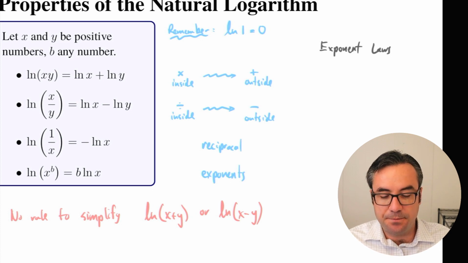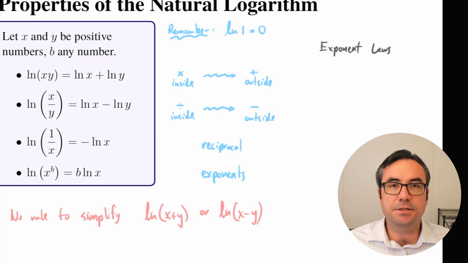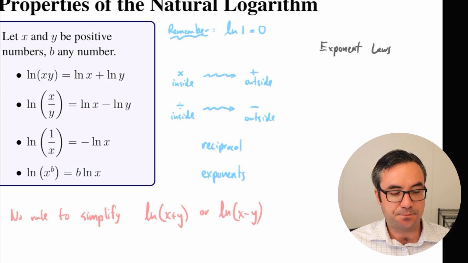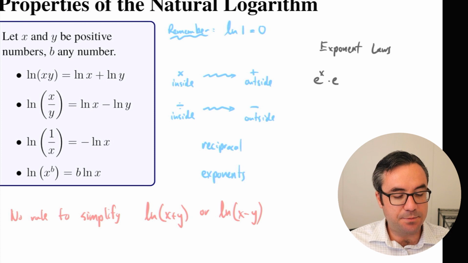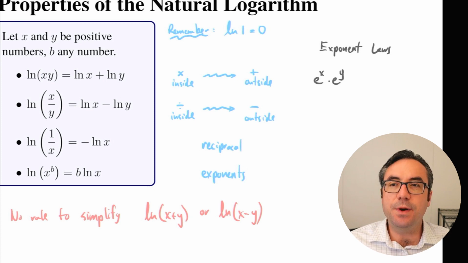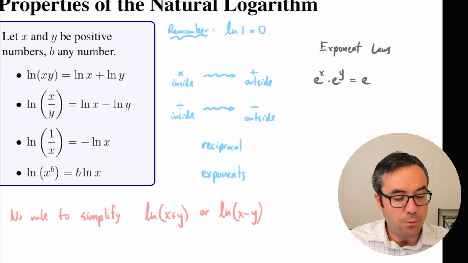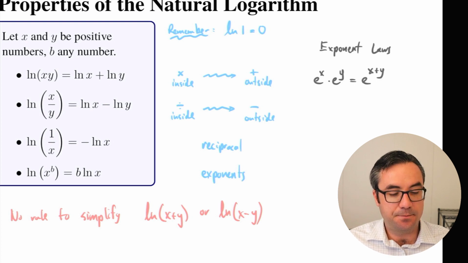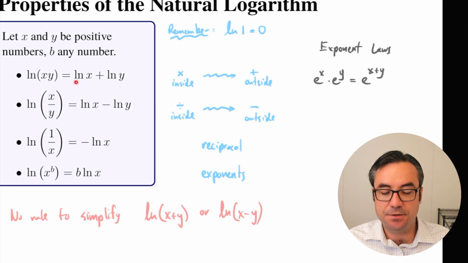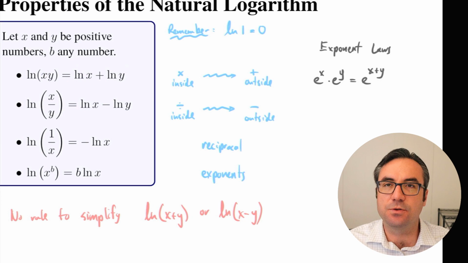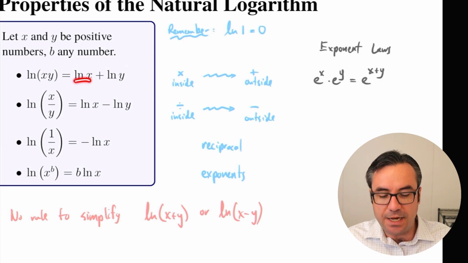So for this first one, natural log x plus natural log y, this one comes from the exponent law: when we have two exponential terms, e to the x times e to the y, what do we do? We add the exponents together. And that's precisely what this is telling us. If we think of natural log x and natural log y as just fancy exponents, we just add the exponents.